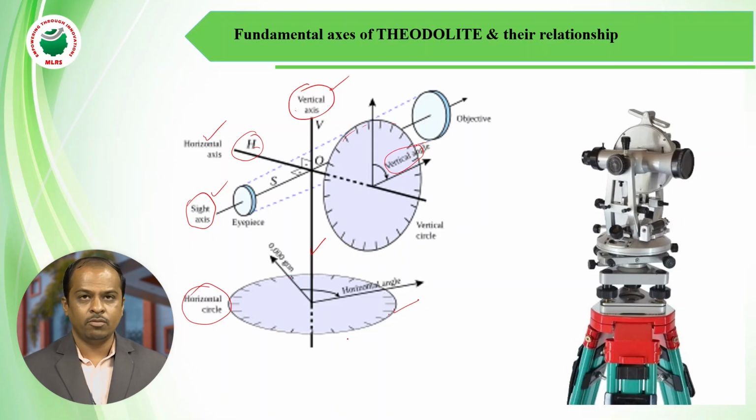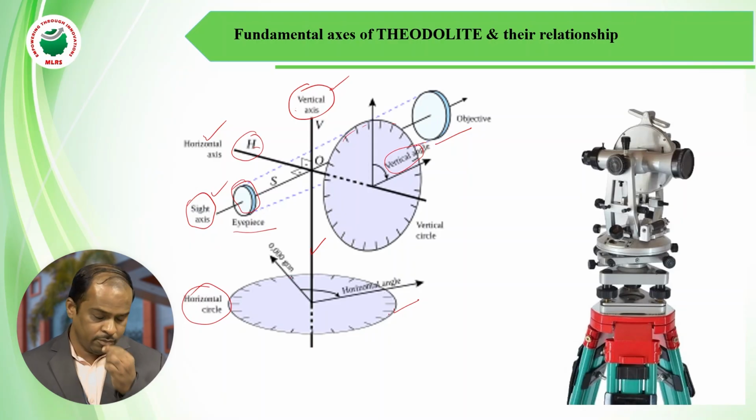Horizontal circle, vertical axis; vertical circle, horizontal axis. Next, coming to the eyepiece, the stadia hairs are fixed at the eyepiece diaphragm. That plane is the eyepiece plane, and similarly the objective plane. So these are the fundamental lines or fundamental conditions which must be considered while surveying.